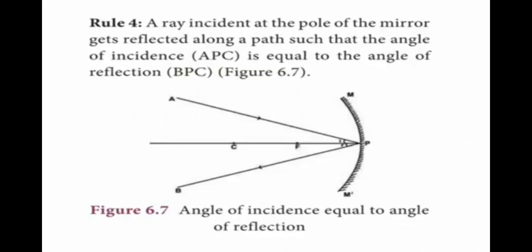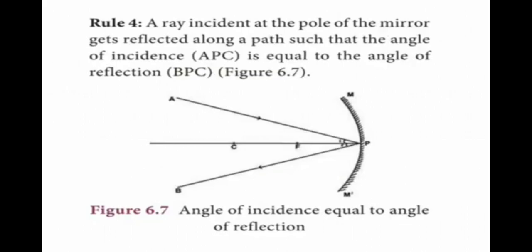Here, in this diagram, a ray reaches the pole and reflects back. The incident ray and reflected ray make an equal angle. AP is called the incident ray and BP is called the reflected ray. So angle i is equal to angle r.